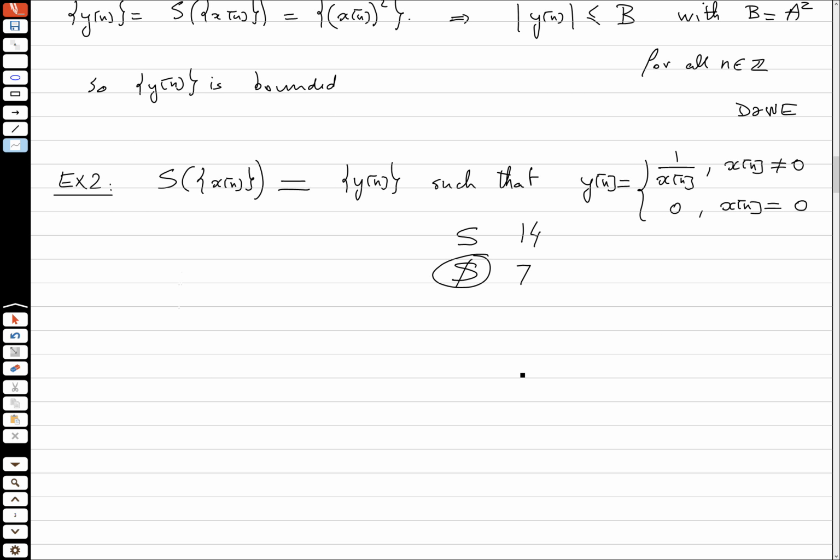All right, so consider x of n equals one over 1 plus n squared. Is that bounded?